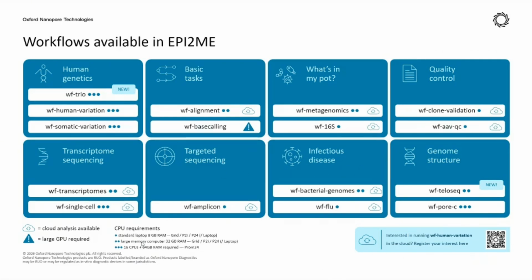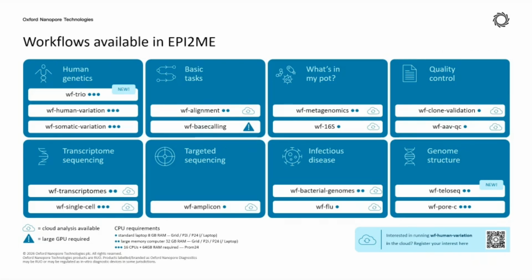And this one is also to highlight here: because human genomic or whole genome sequencing of big genomes normally has a high file size and data throughput, the CPU requirements are normally larger compared to other pipelines. Another thing to note is that ONT actually provides free cloud resources for users to run analysis.